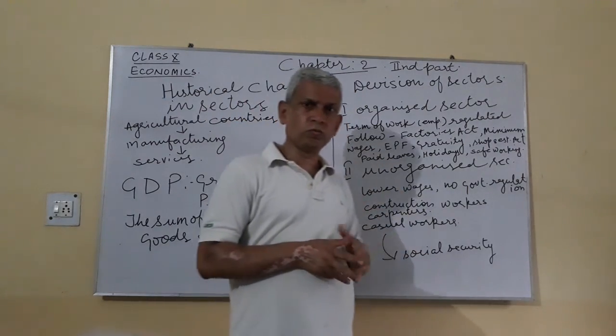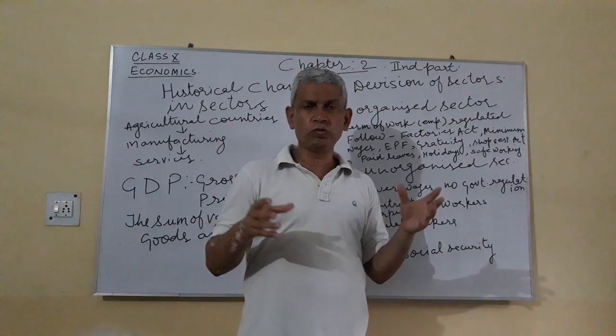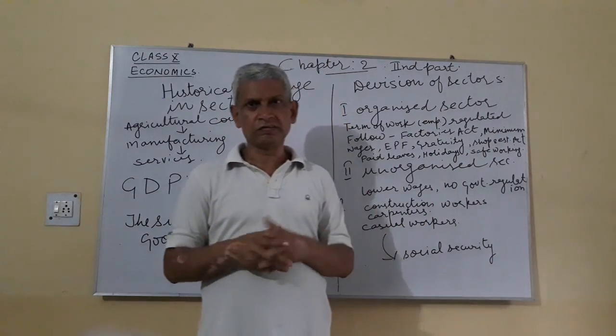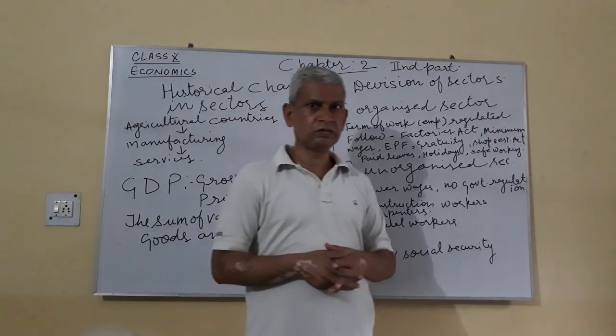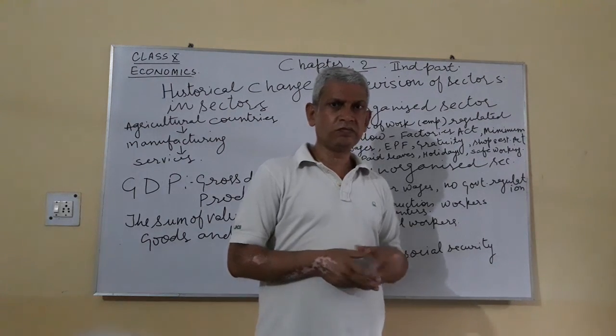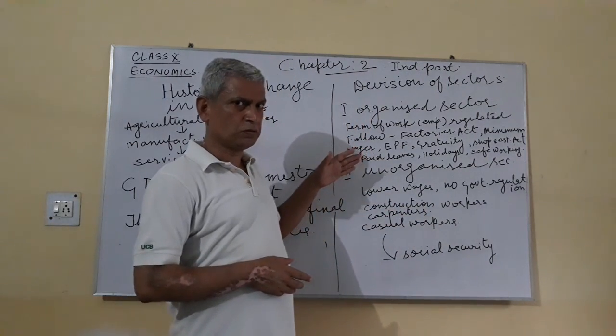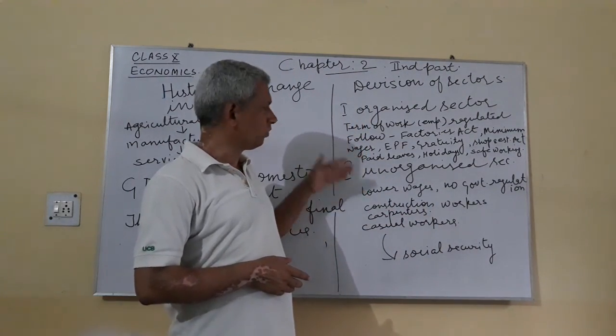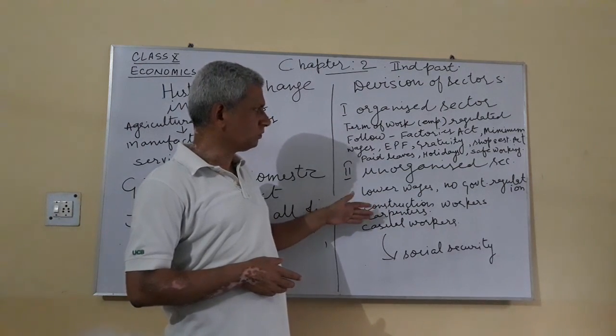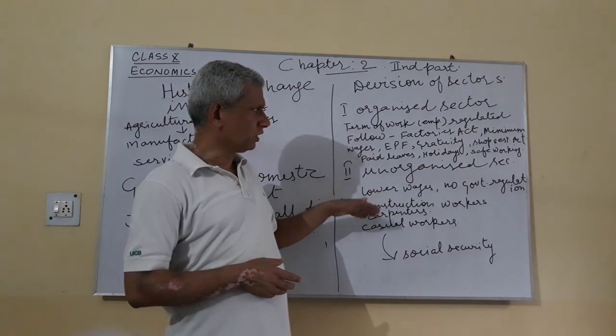If the country wants to progress, or if you want a very healthy and happy society, then we need to shift people from the unorganized sector to the organized sector.